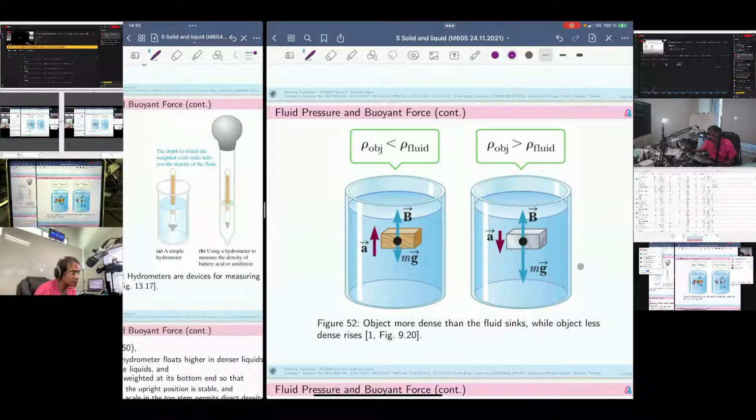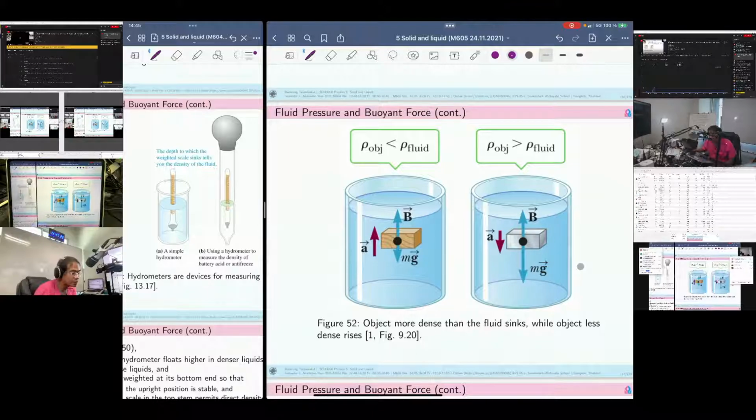This seems to be a kind of wood, and this seems to be a kind of metal, bronze or any kind of metal. The first experiment is right here on the left, and the second experiment is on the right. And each substance, whether it's wood or metal, would have its own density, right?